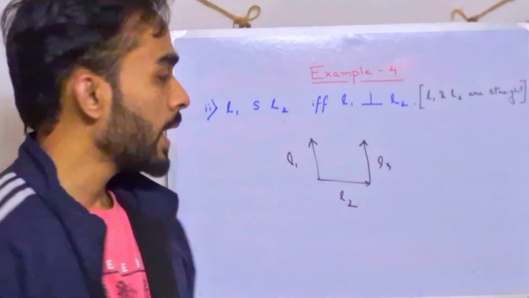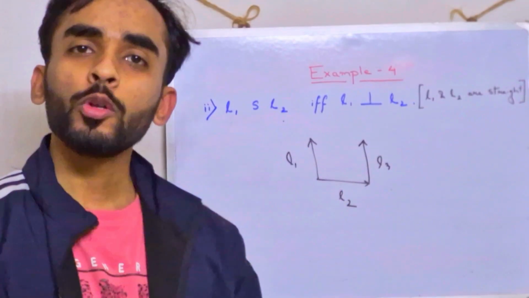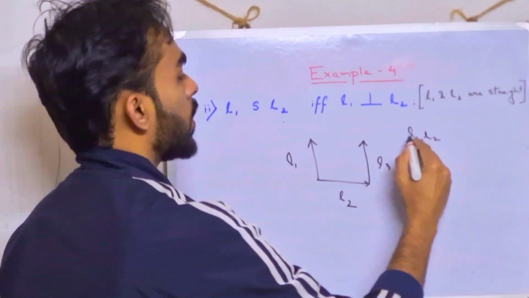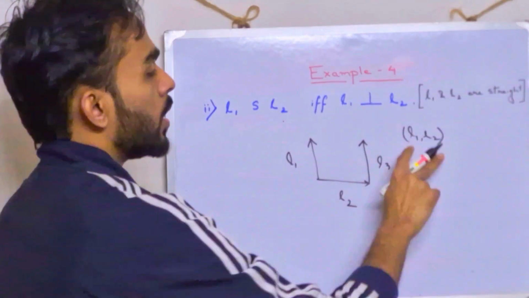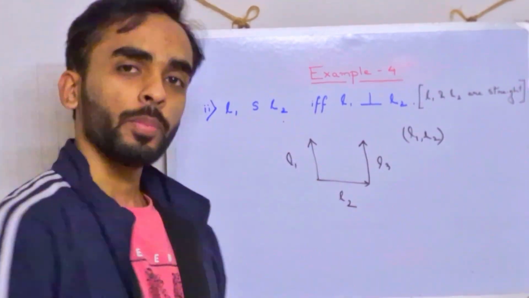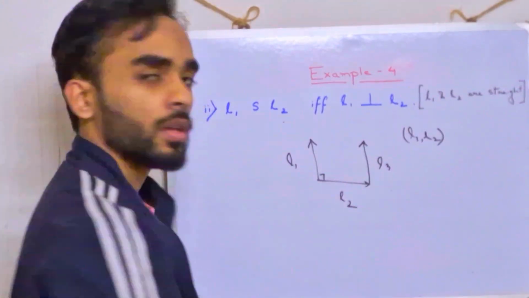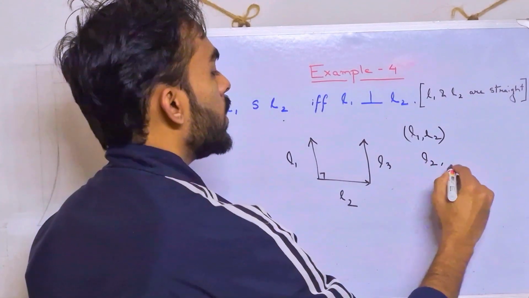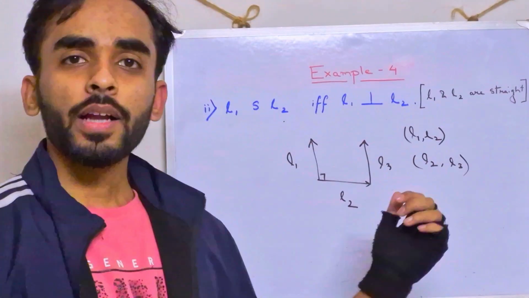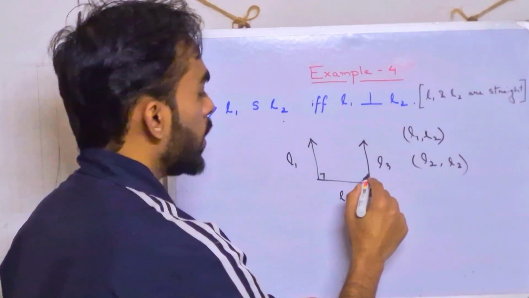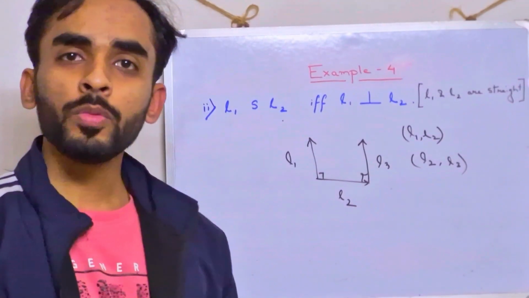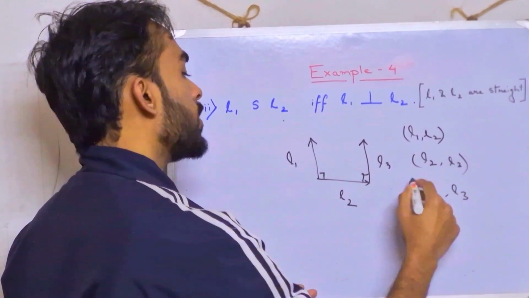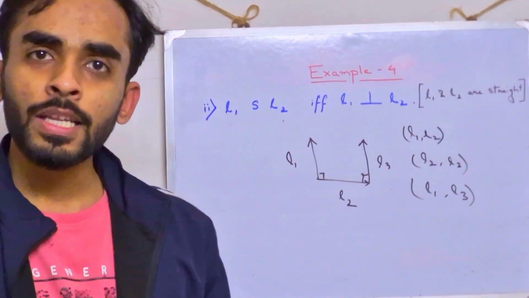Now guys, tell me, is L1, L2 going to be in the relation? What is the condition? Both have to be perpendicular. L1, L2 perpendicular. 90 degrees. So they will be in the relation. Tell me, L2, L3. Are they going to be in the relation? Well, perpendicular. Then they are going to be in the relation S. Now tell me, L1, L3. Is this going to be in the relation?